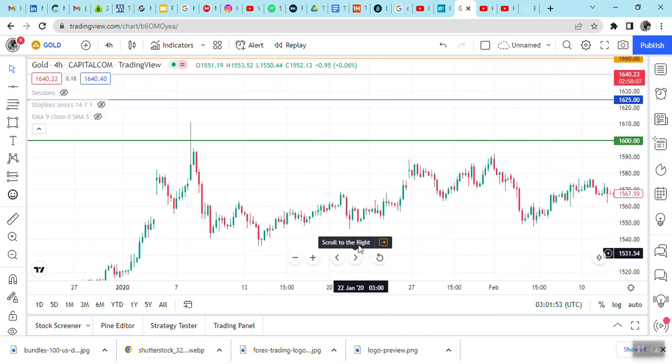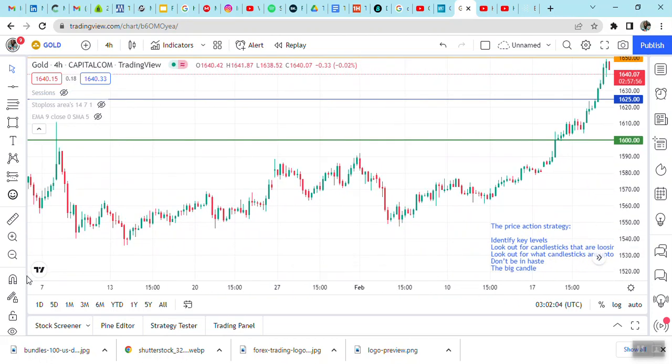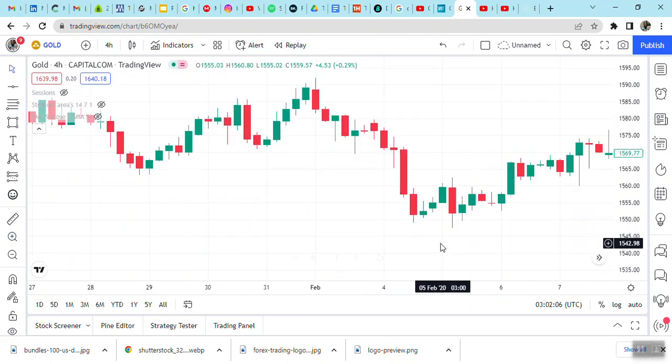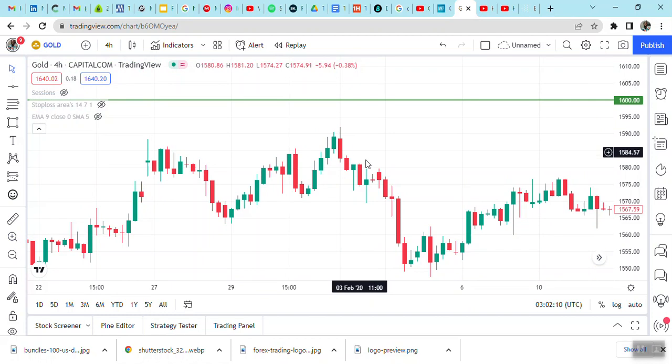Okay, let's take for example this point. You can see the price came down, and you can see a small candle.